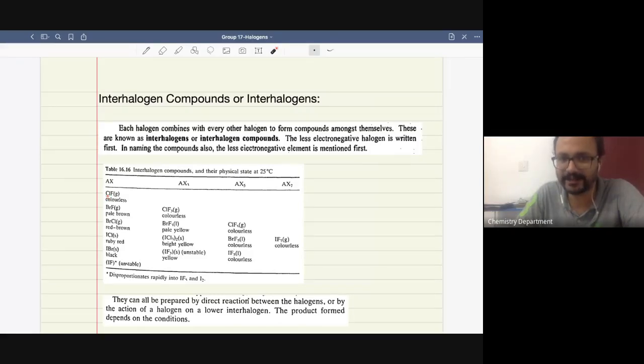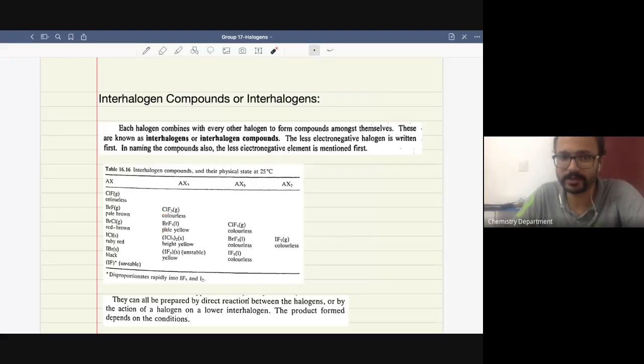ClF. How do you write the name? Chlorine fluoride. Similarly, look at BrF. Br is the less electronegative, so it is written first. The name is bromine fluoride. Coming to ClF3, Cl is the less electronegative, so it is written first and the more electronegative comes after. Its name is chlorine trifluoride.